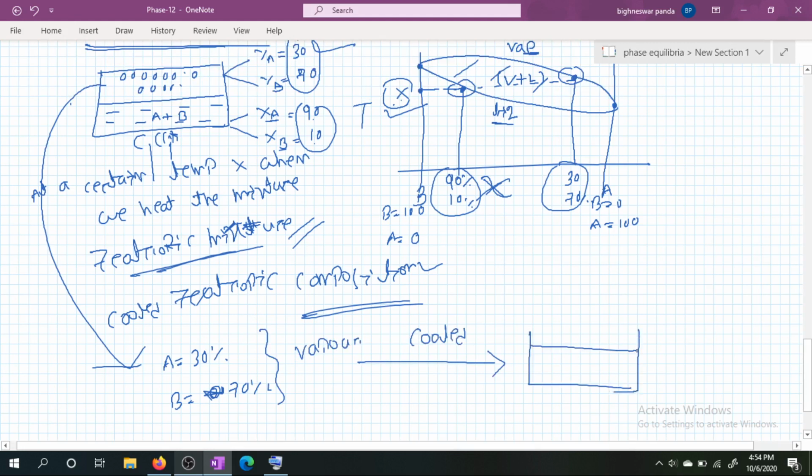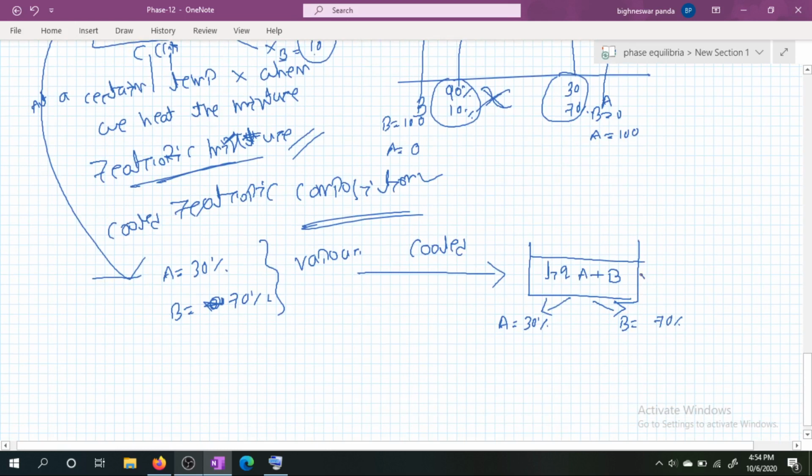We found the liquid mixture of A plus B, in which A is present 30% and B is present 70%. When we heat that mixture, what will happen? A plus B.